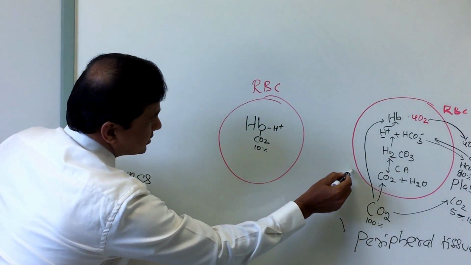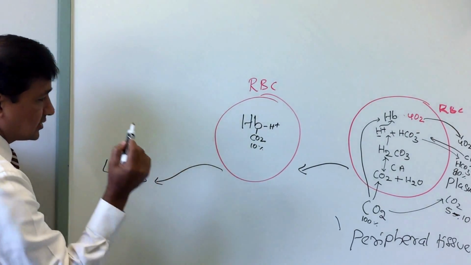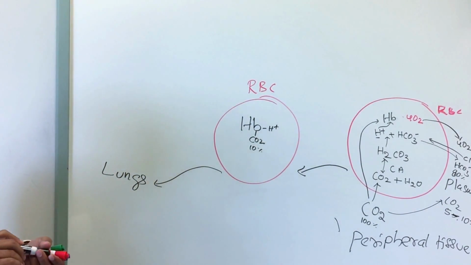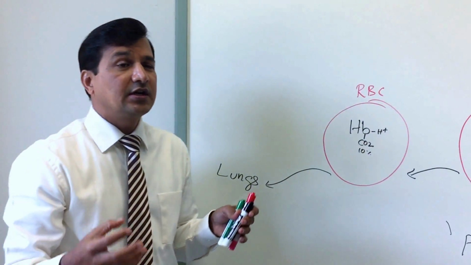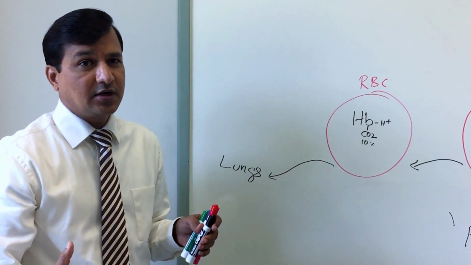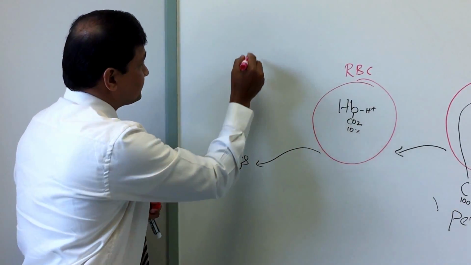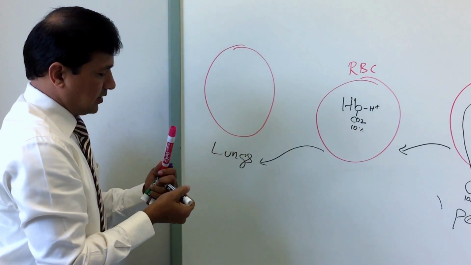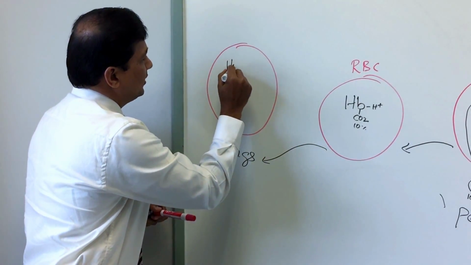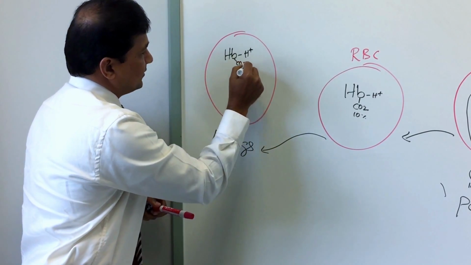So this is changed to this one in peripheral tissue, and now that is carried to the lungs. Now in the lungs, because we are inspiring, the alveoli has oxygen at 90 to 100 millimeter of mercury. So we have a red blood cell here in the lungs. It has hemoglobin with proton attached and carbon dioxide attached.